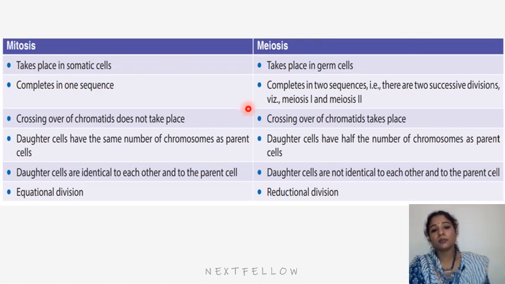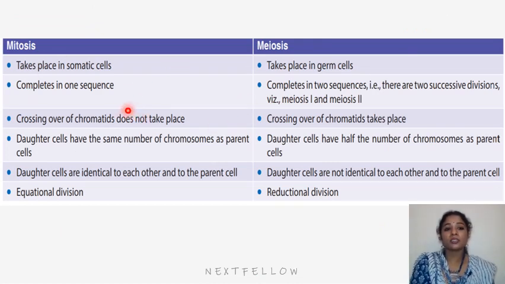Next, let us see some major differences between mitosis and meiosis. Mitosis takes place in somatic cells, meiosis takes place in germ cells. Mitosis completes in one sequence; meiosis completes in two sequences, meiosis 1 and meiosis 2, two successive cell divisions.